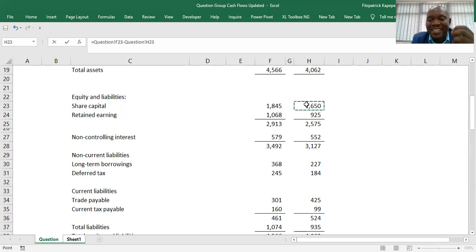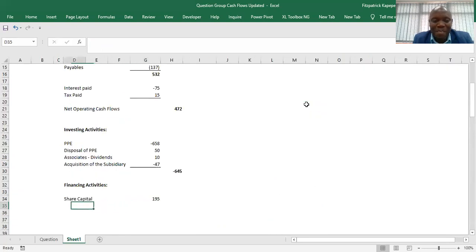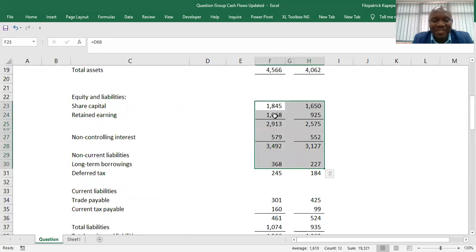Certain items are non-cash items like depreciation. So always ignore it because it has been taken care of on top. This one is ignored, never included. We go to the NCI.